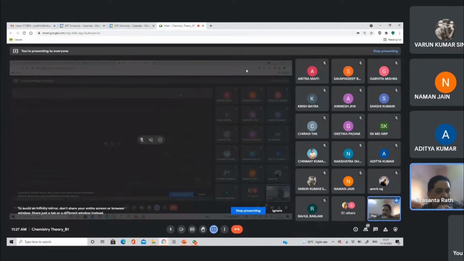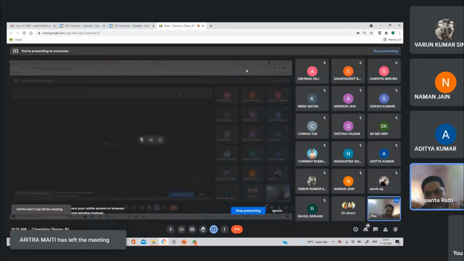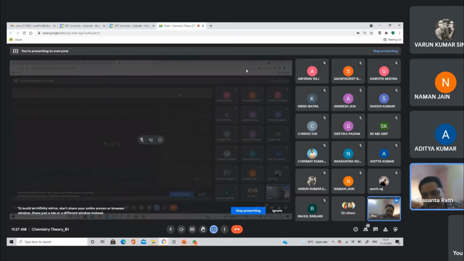If you try to have a chemistry syllabus for engineering students, we definitely think in 2 different perspectives. One perspective is basic or fundamental chemistry, and the other is applied chemistry.